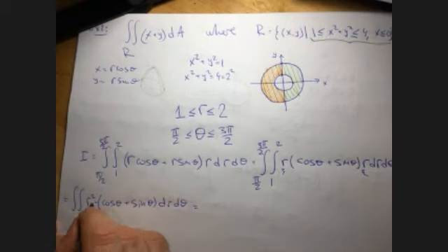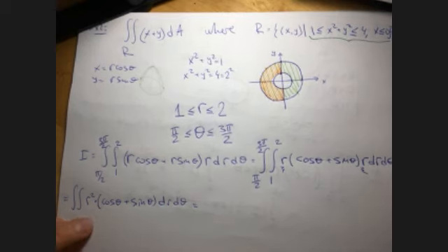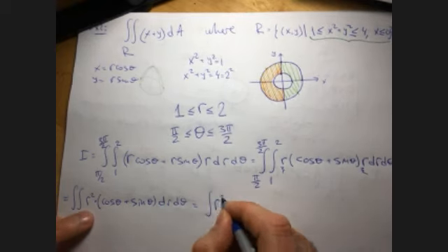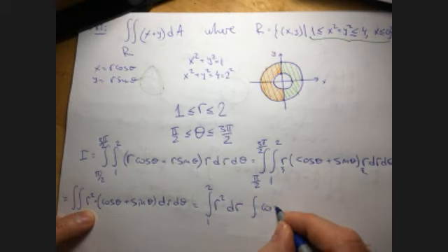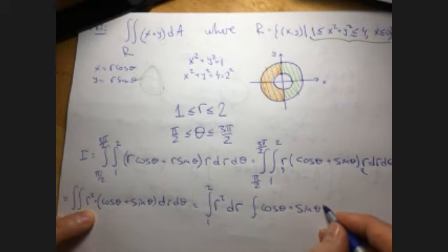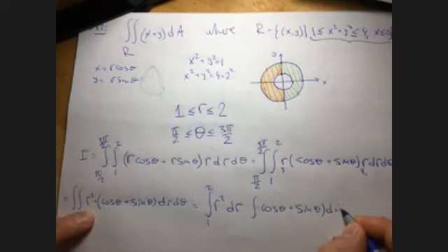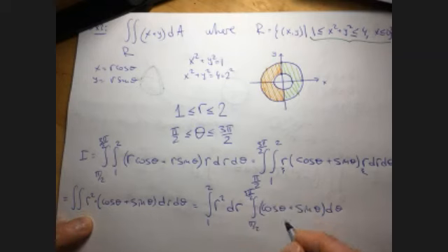And now, because this is a product of two functions independently defined in r and theta, I can express this as the integral of r squared dr from 1 to 2 times the integral of cosine theta plus sine theta d theta from pi over 2 to 3 pi over 2.